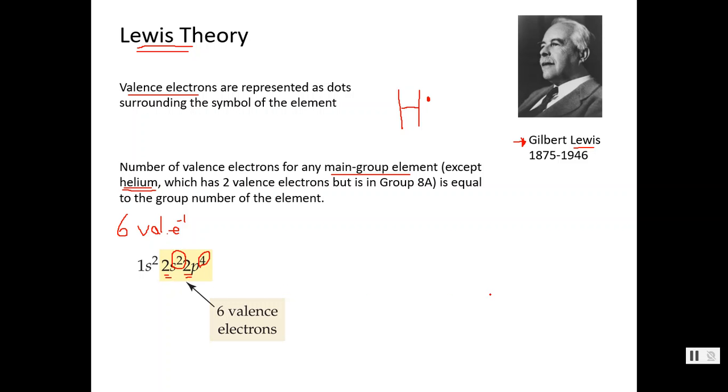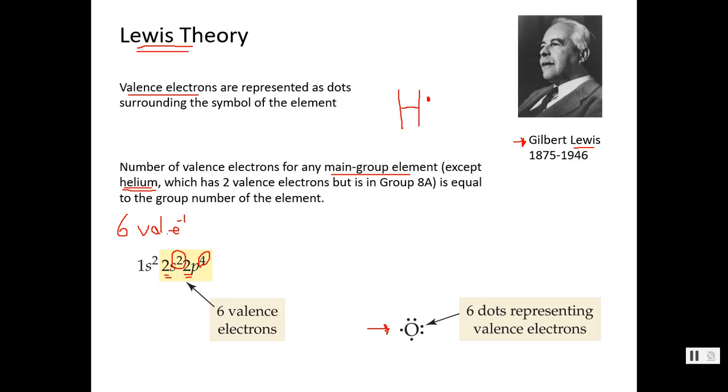So to do my Lewis dot structure for oxygen, I would write down the symbol for oxygen and place 6 electrons around that oxygen, just like this.